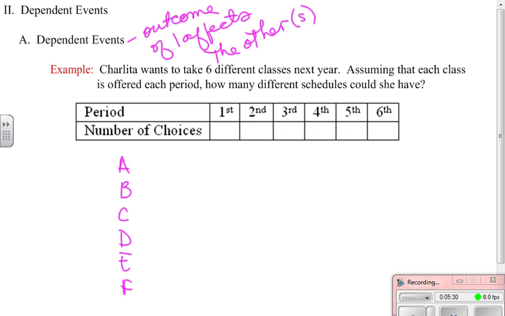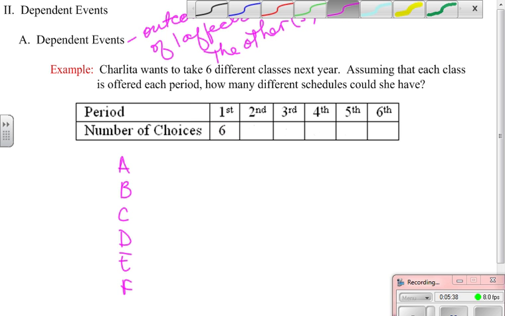So in her first hour slot, she still has all 6 classes to choose from. So she's going to pick A. That one's off. Now she only has 5 to choose from. She's going to put C in that slot. Now she's down to 4 choices.